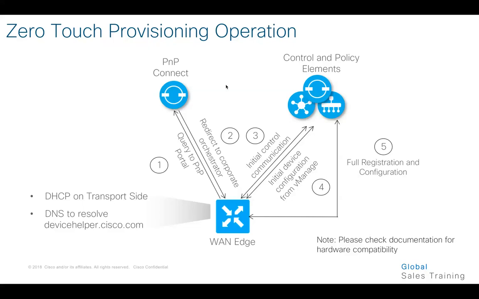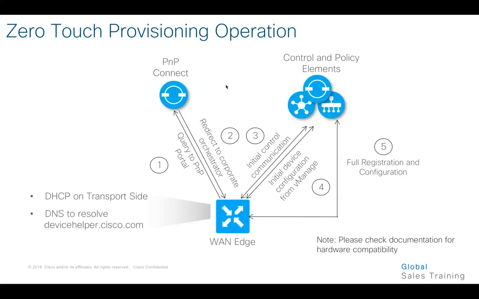The moment you plug in a device, with the help of the DHCP pointer, it will resolve devicehelper.cisco.com and reach out to your PNP server and look at the profile. Based on the profile, it gets the org name or your vBond information and reaches out to the vBond, and the vBond connects to the vManage and the vSmart. The vManage has a template, pushes out the template, and brings up the device. The device gets the configuration from the vManage, and then it is done.